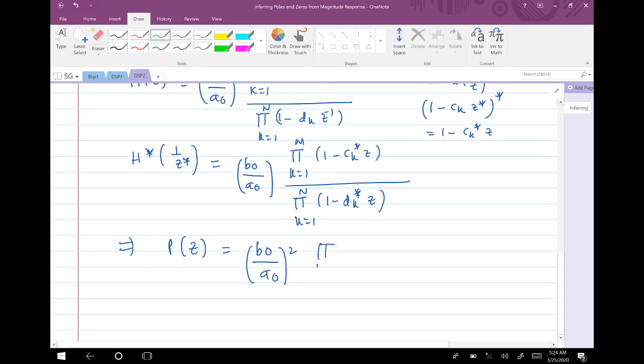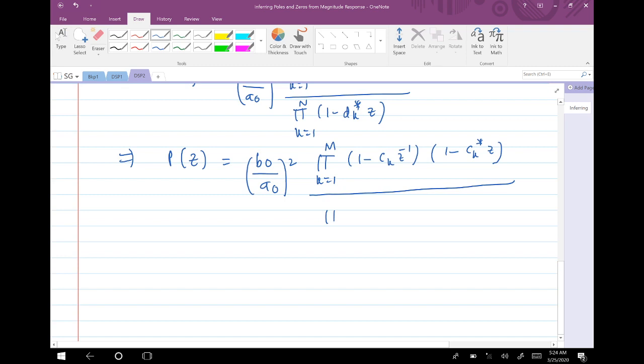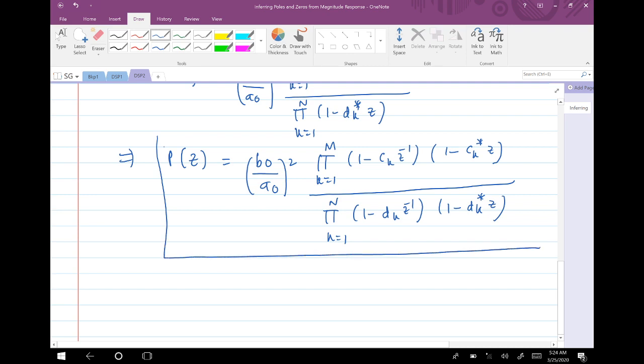In the numerator, product for k varying from 1 to M, 1 minus ck z to the power minus 1 into 1 minus ck conjugate z, all over, in the denominator, product for k equal to 1 to N, 1 minus dk z to the power minus 1 into 1 minus dk conjugate z. Okay, this is again a very important expression.